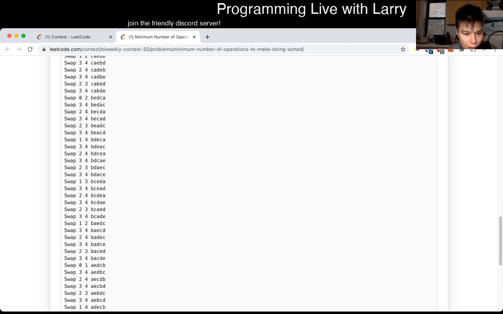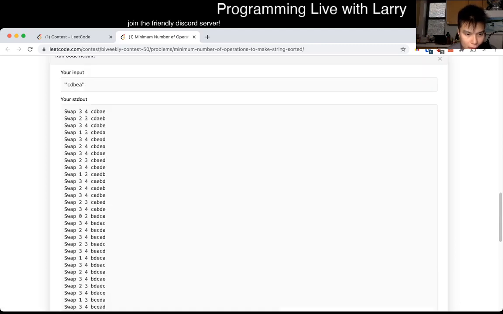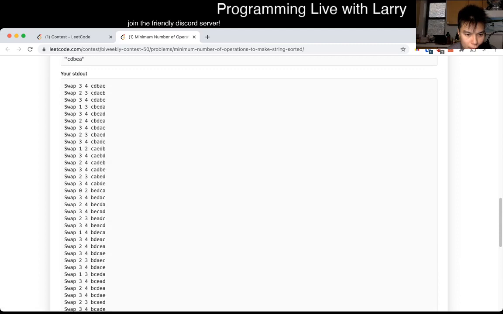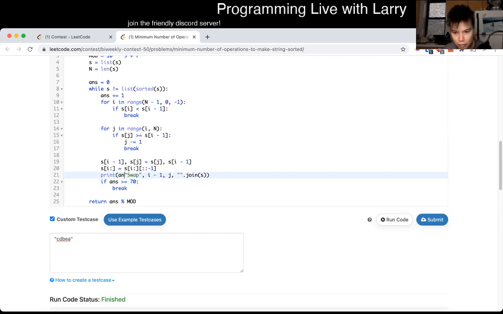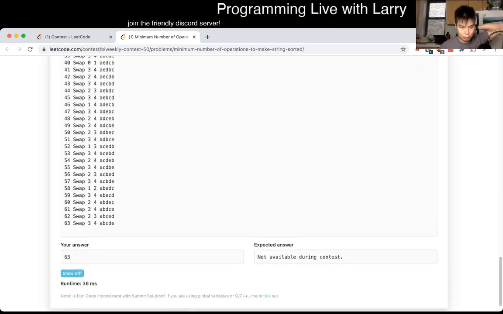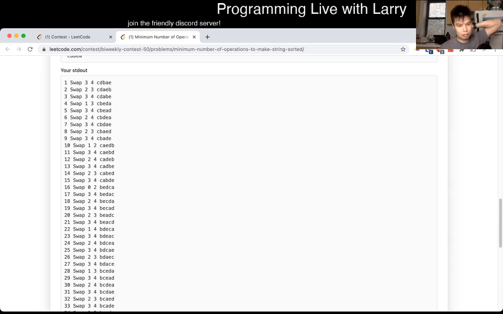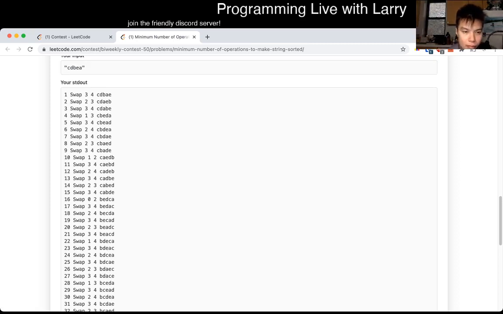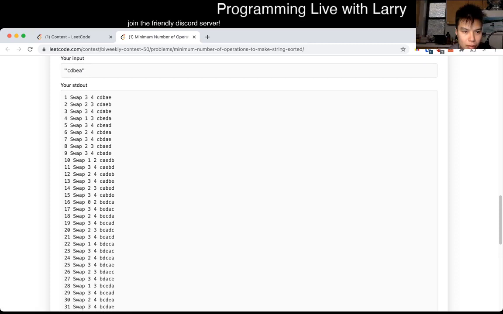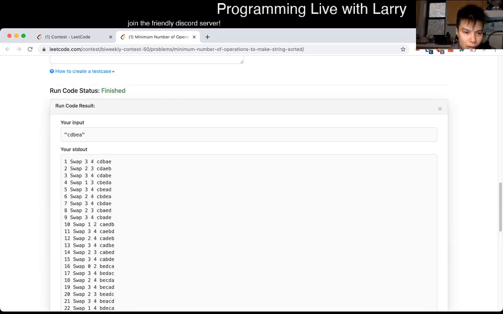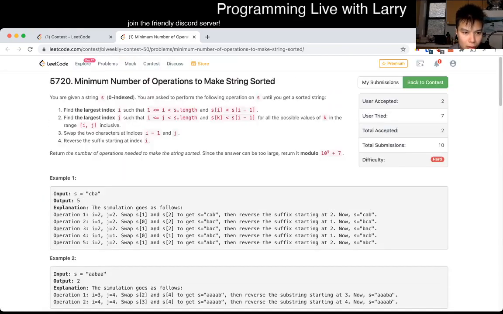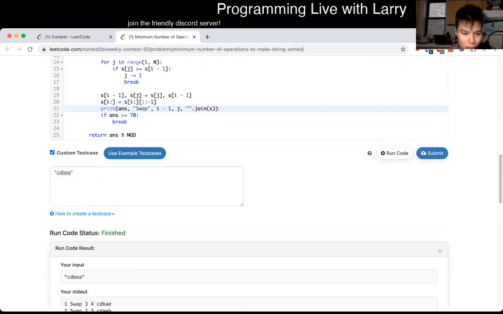I'll look at it from the back, but I don't know that I can get anything from that. It's like a weird insertion sort. What does this do? What does the reverse do?